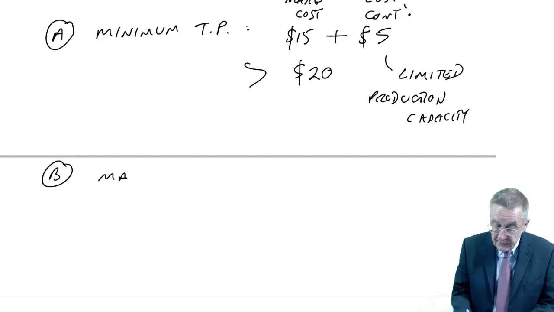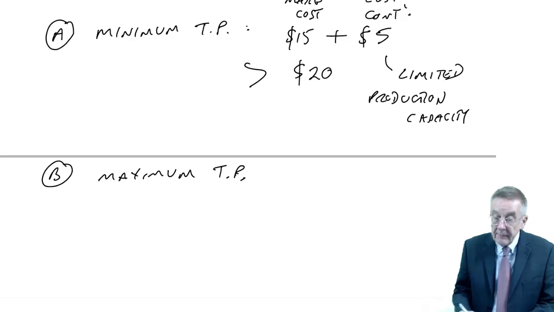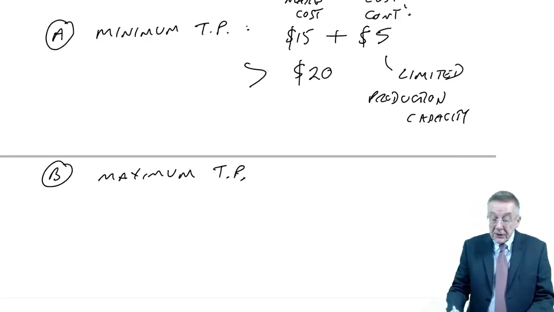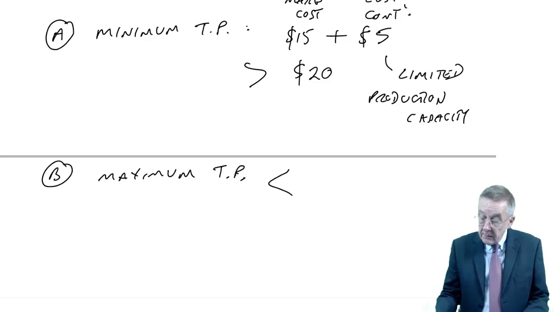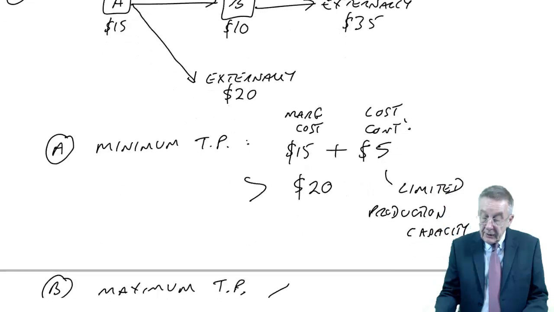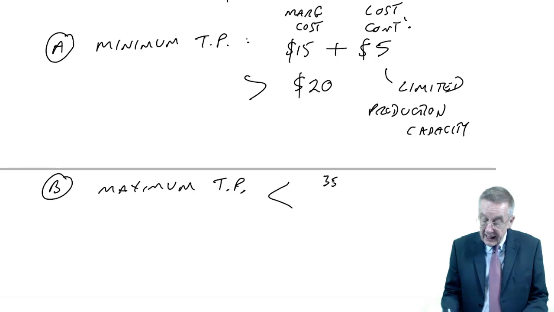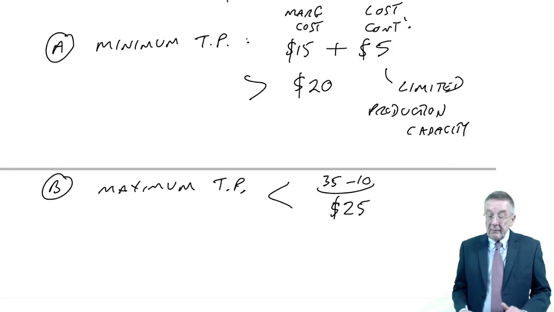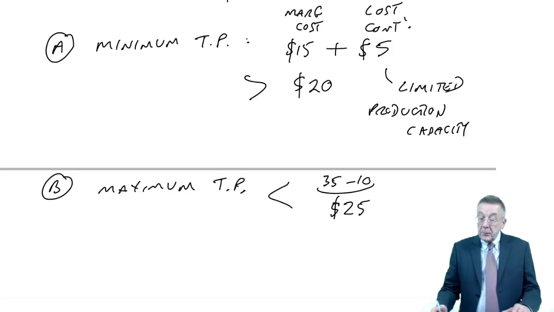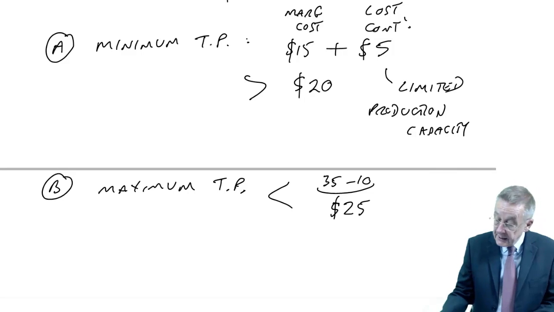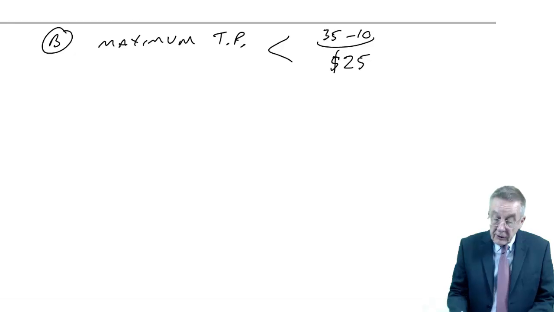The maximum is fixed by the buying division, B. And same as before, the most they'll pay is the net marginal revenue, 35 minus their own costs of 10, 25. And so, for example, which was 6, the transfer price has to be in the range.